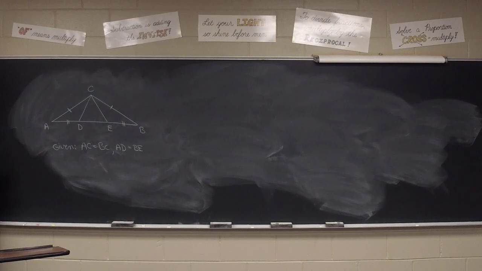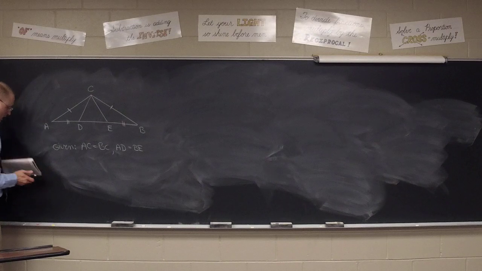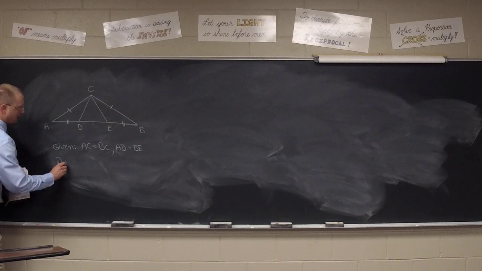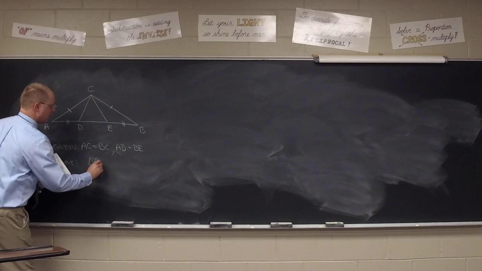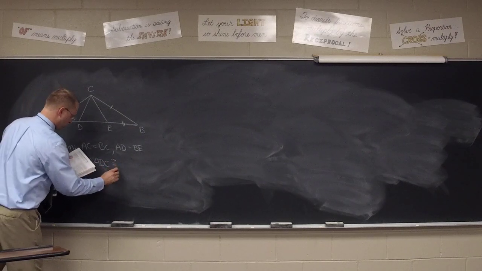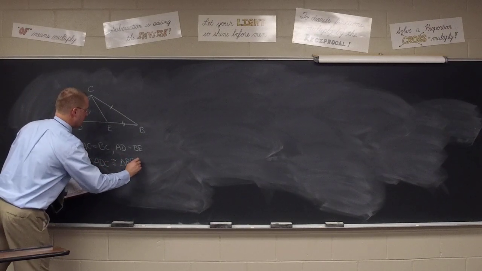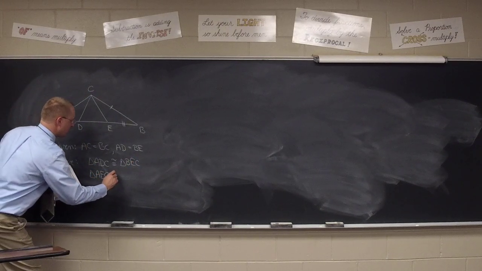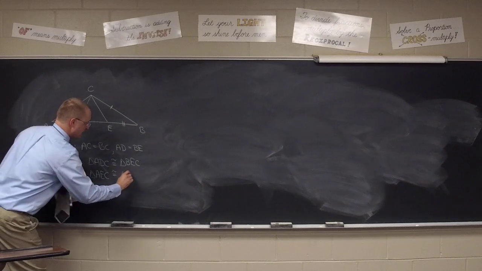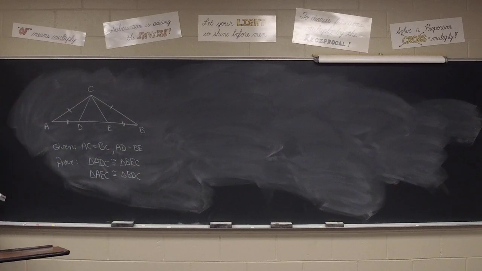All right, so given AC equals BC and AD equals BE. And it says to prove, and we're going to prove a couple of different things here. First of all, we're going to prove that triangle ADC is congruent to triangle BEC. And we're going to prove that triangle AEC is congruent to triangle BDC.